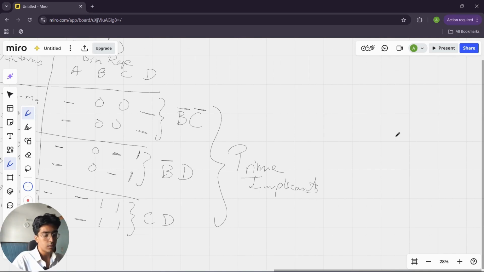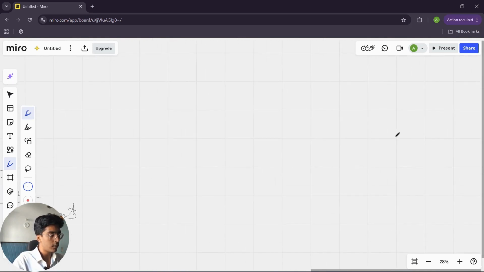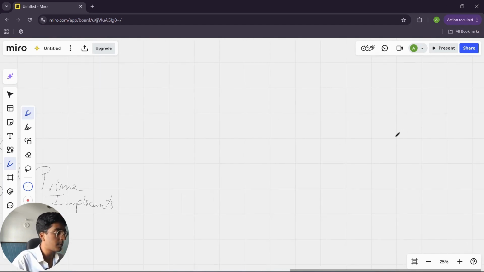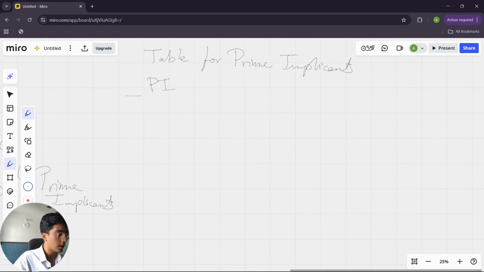Now we'll make a final table for the prime implicants. First column will be PI, which we have found out right now.